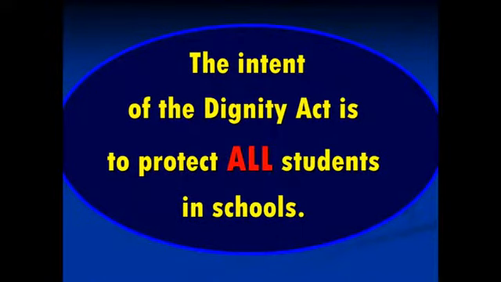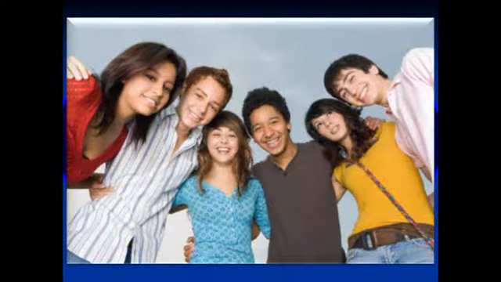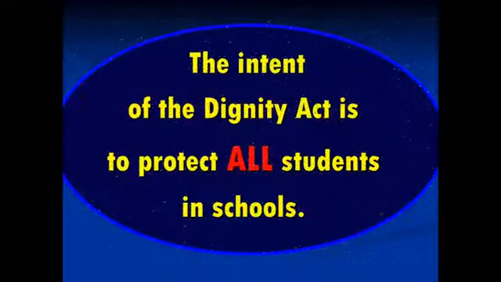Protection is not limited to the groups or characteristics listed. For example, students are protected if they are harassed because of their socioeconomic status, even though socioeconomic status is not explicitly listed. A student harassed for their height in either direction or their accent or speech style would be considered protected even though height and accent are not explicitly listed.